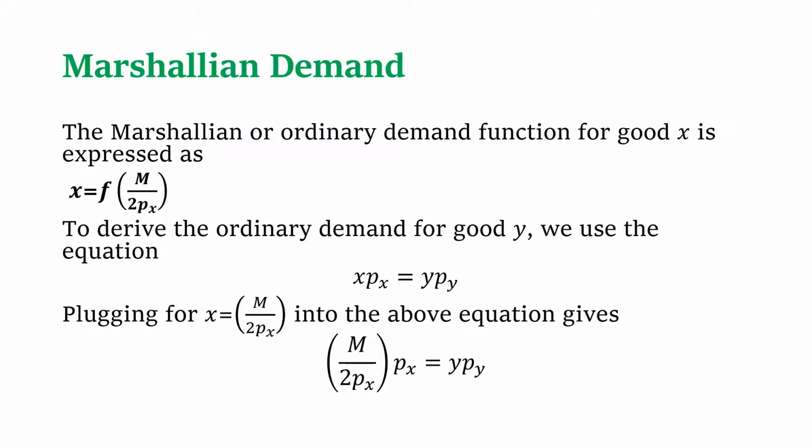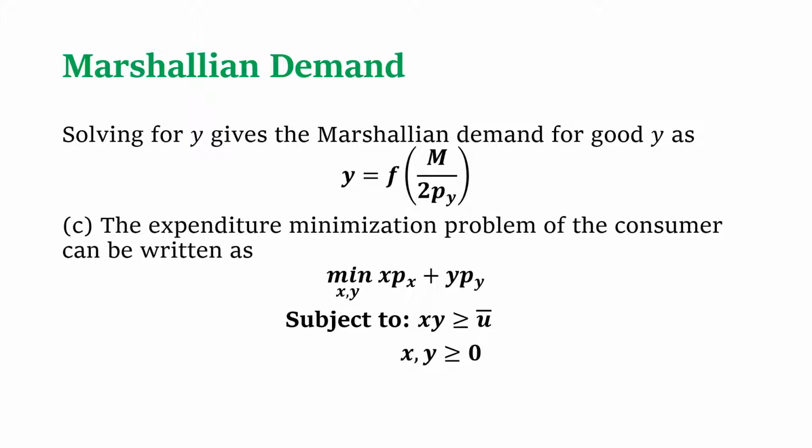So what do you observe here? Now this px and this px will cancel each other, right? When they cancel each other, you're going to have m over 2 equals y py. So if you divide both sides by py, you're going to get y equals m over 2py, which again says that the quantity demanded and the price vary inversely, right?